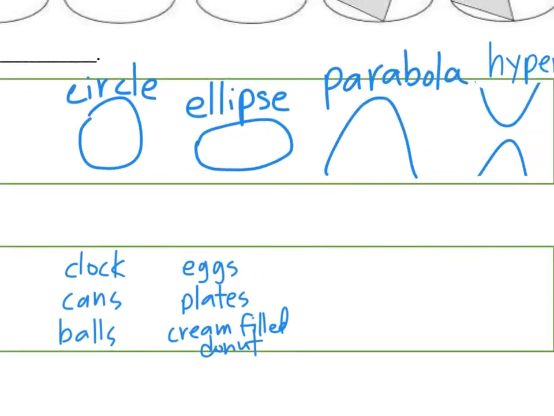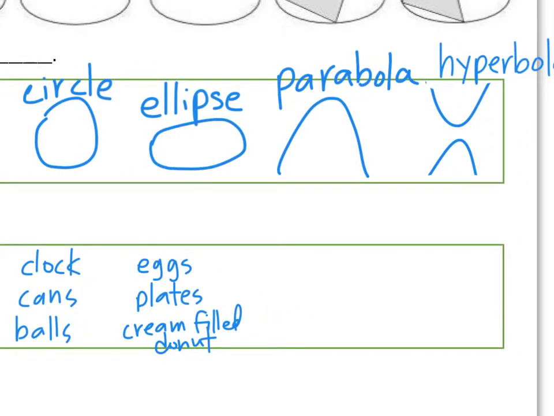Okay. Parabola. What are some things in life that's parabola shaped? It's a little harder. You guys are all smiling like you're thinking of something, just not telling everybody. Nothing?